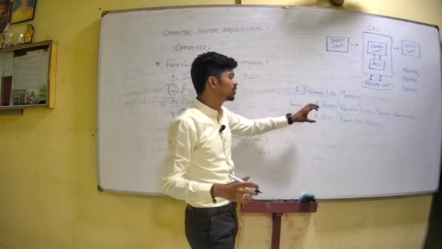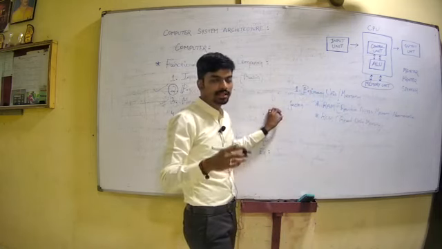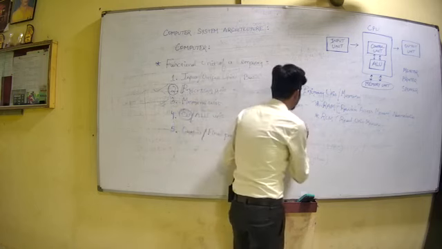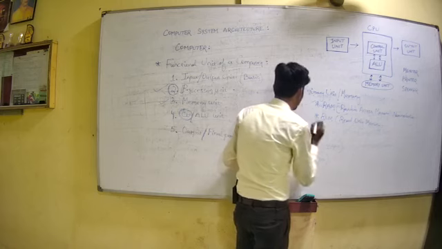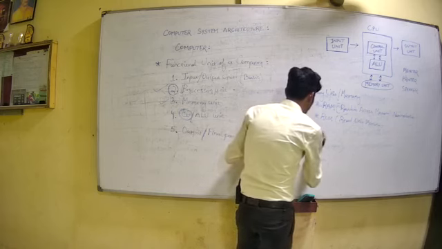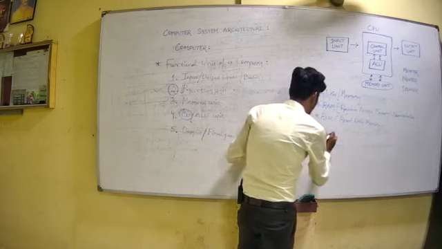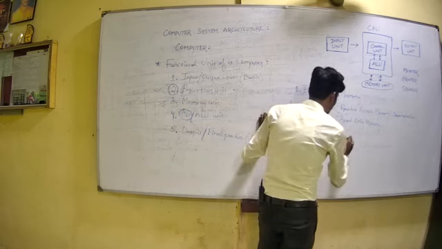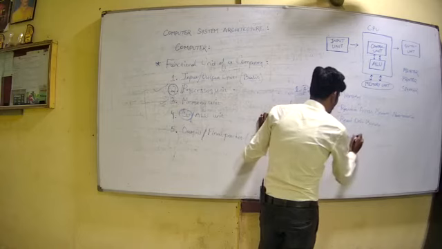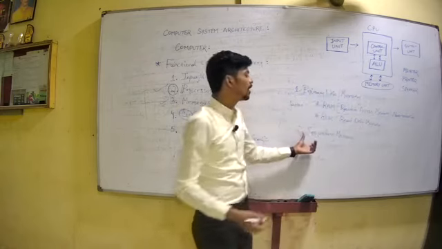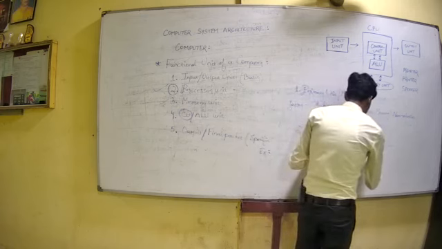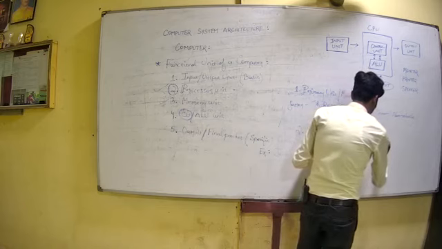For that, to store the data in the computer permanently, we have the second part, which is called secondary memory. Another name of secondary memory is auxiliary memory.